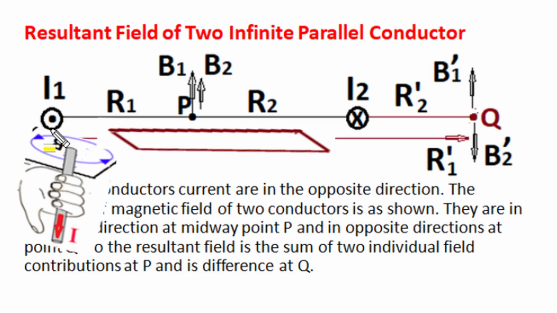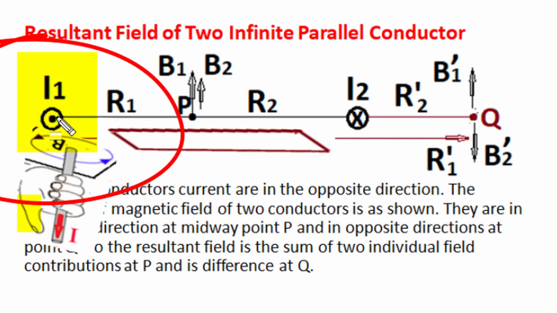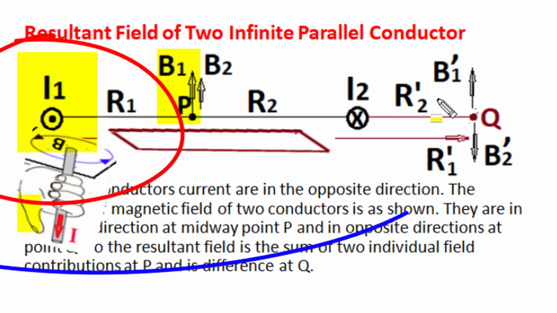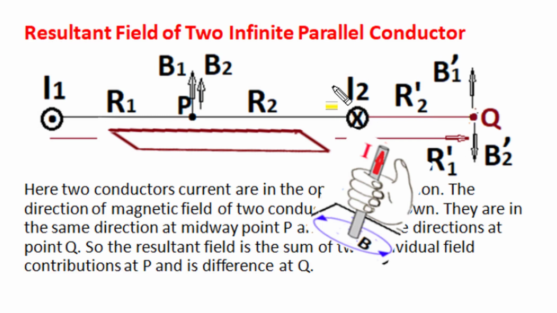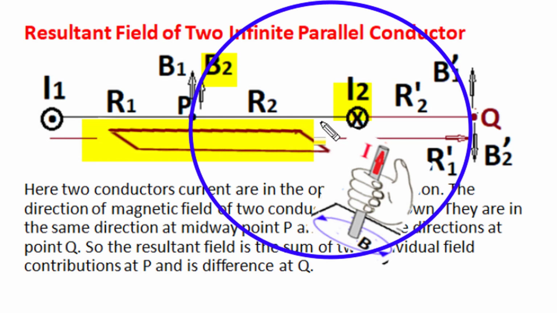When the conductor is gripped in the right hand with the thumb pointing in the direction of current, the curl of the fingers indicates concentric circles of magnetic field. This I1 current, denoted by a dot perpendicular to the screen plane and outward, will produce a magnetic field in the upward direction at P and at Q. Whereas for I2 current, the direction of the magnetic field is perpendicular to the plane which contains the current and the distance vector, and it is either upward or downward given by the right hand thumb rule.